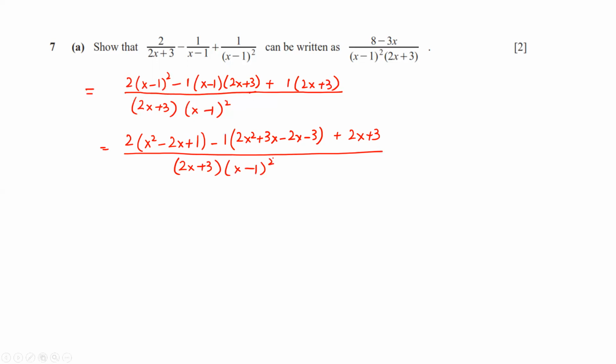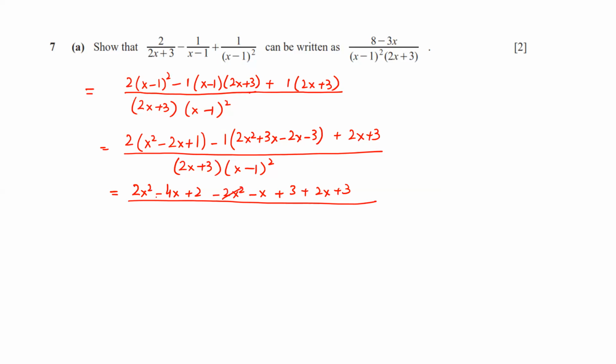So remember, the clearer your steps are, the better marks you will get. So 2x square minus 4x plus 2, minus 2x square minus x plus 3, plus 2x plus 3.